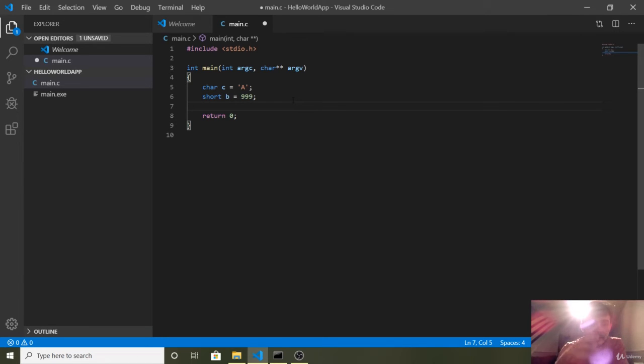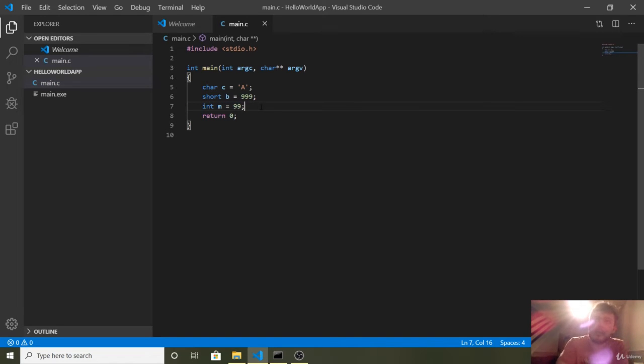We'll explain the signs soon enough. However, an unsigned short cannot store more than 65,535 as a number. So obviously if you want to go higher than that, you need to use an integer, guys.